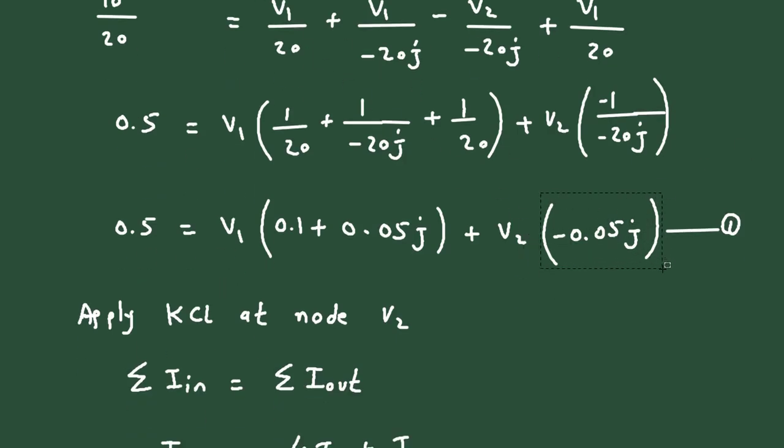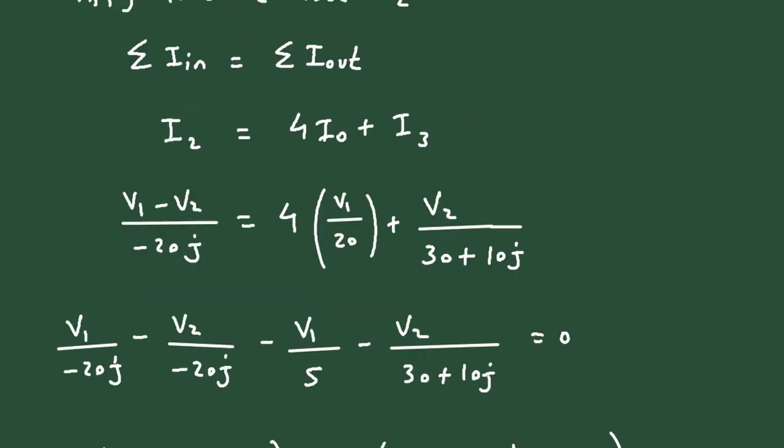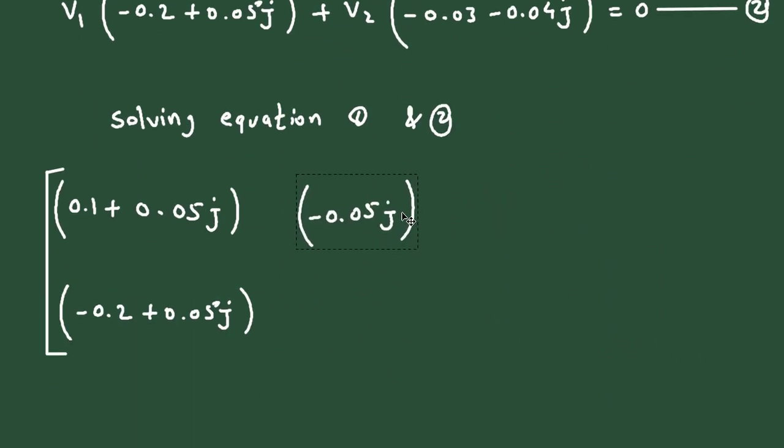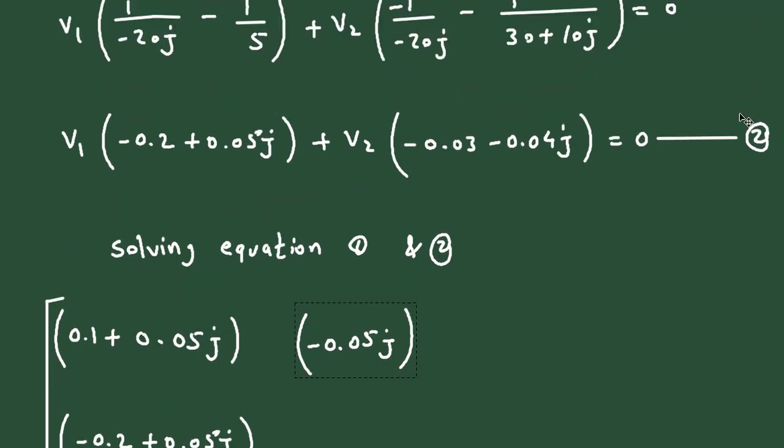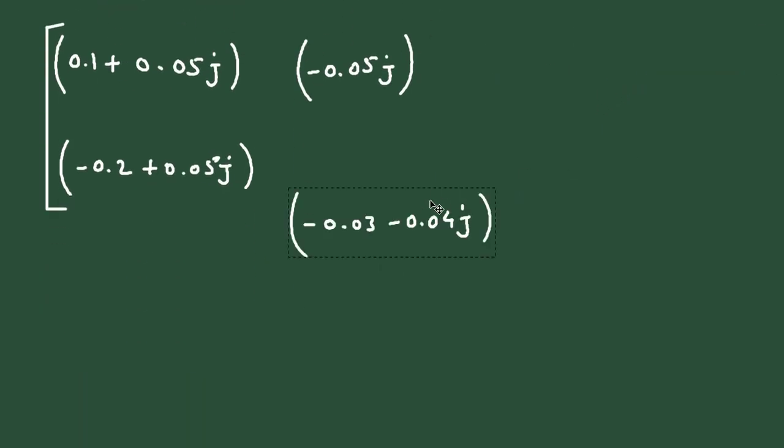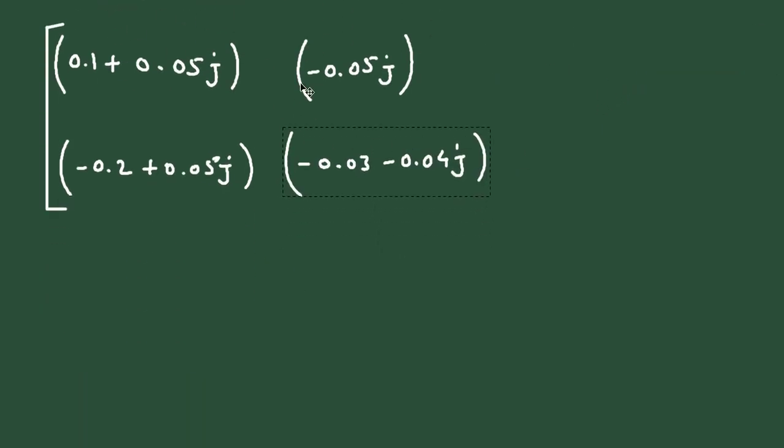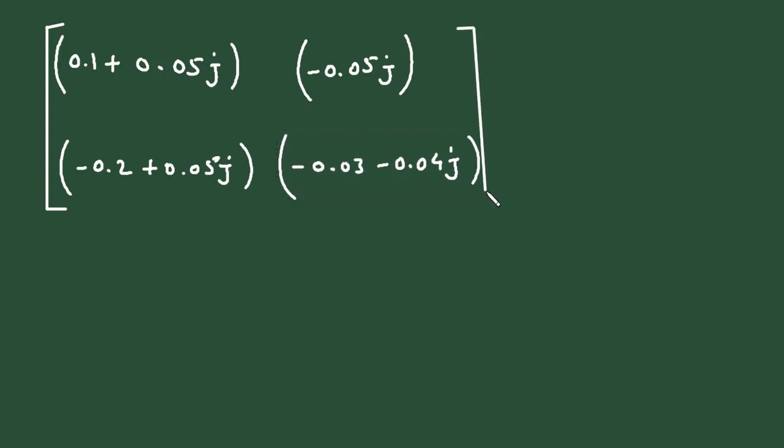So this is the V2 term from equation 1, then V2 term from equation number 2. Then here matrix close.